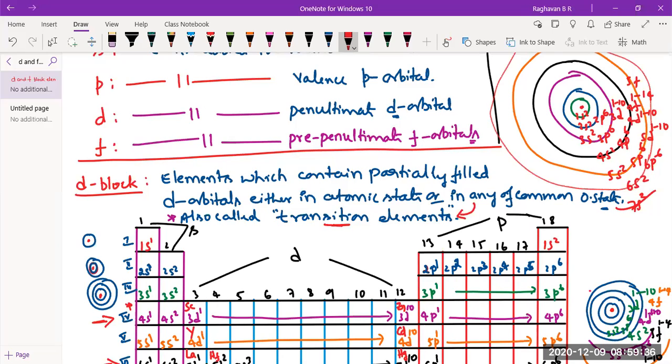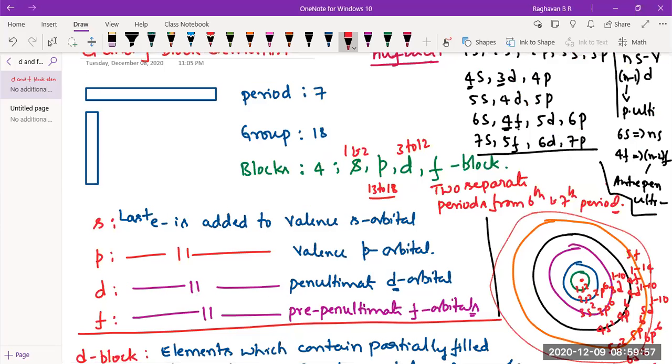As a result, transition elements are more suitably defined as elements which contain partially filled d orbitals either in the atomic state or in any common oxidation state. Then how would the D block nomenclature be different from transition? Both are the same, but if you make a hairline difference, it comes in this definition.